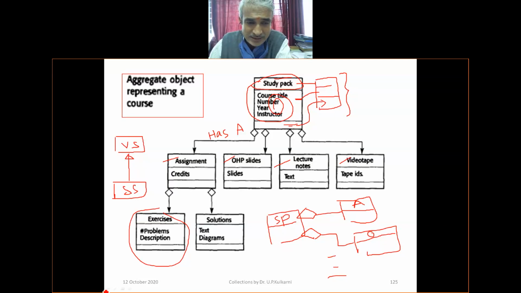Please remember the difference between the diamond shape and this. This is the arrow mark. This is the diamond shape. Diamond shape speaks about composite objects, whereas arrow marks speak about inheritance. Right? Yes.